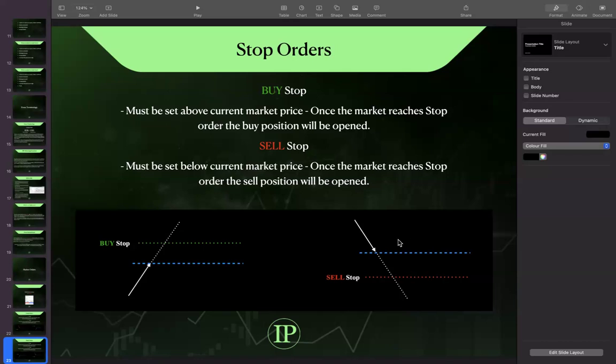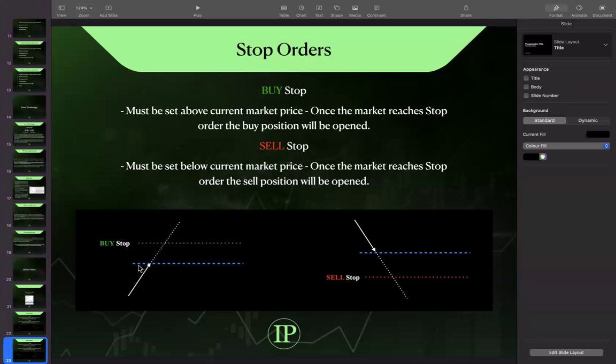Okay, then we have stop orders, okay? So a buy stop. What you are looking to do with this type of order is, if the market is currently here but you only want to get in at a higher price, then you will place a buy stop order.